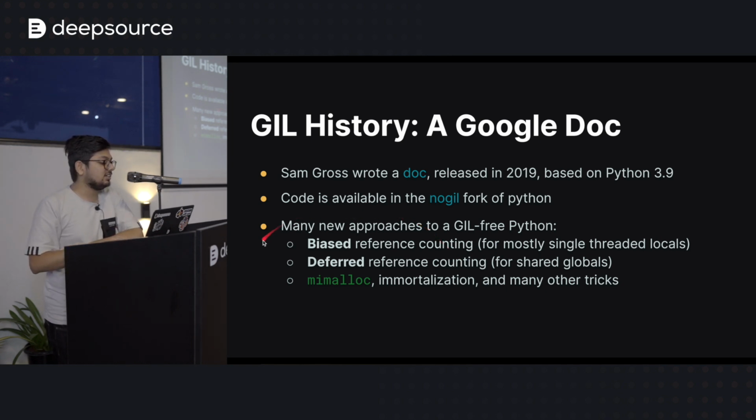And there were a bunch of different changes as well, such as deferred reference counting and this new malloc implementation, which was thread safe, called mimalloc. Python's implementation of malloc was not thread safe at all, but not only was mimalloc thread safe, it was also faster.